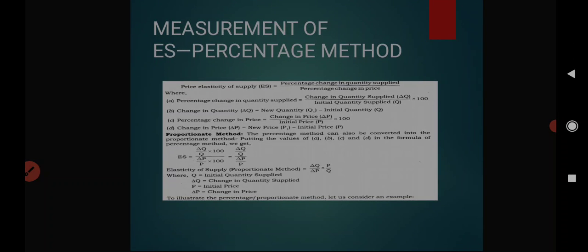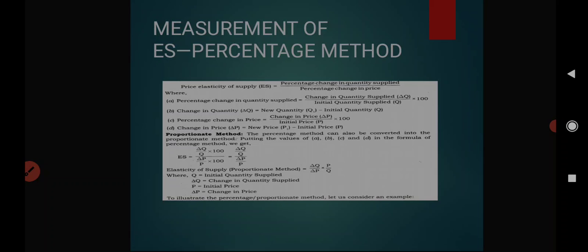Now this is the percentage method of supply, that is, price elasticity of supply is equal to percentage change in quantity supplied upon percentage change in price. As we have studied in demand, to calculate elasticity of demand, the formula was ED is equal to percentage change in quantity demanded upon percentage change in price.